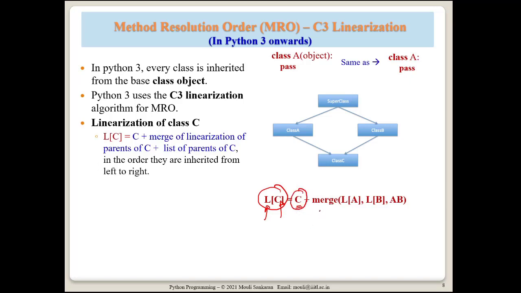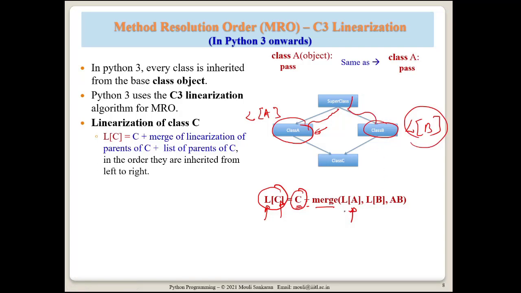Then you merge it with the list that you have made for class A, the linearization of class A, and the linearization of class B. That means you should have applied the same algorithm on this class, looking up its parents. Similarly you build the list for this class, looking up its parents. I am not saying only parents, it can be any class, at any level.